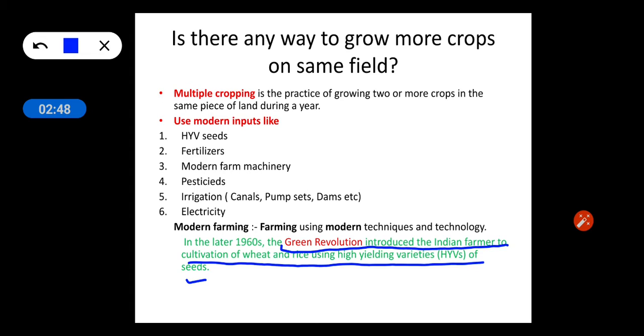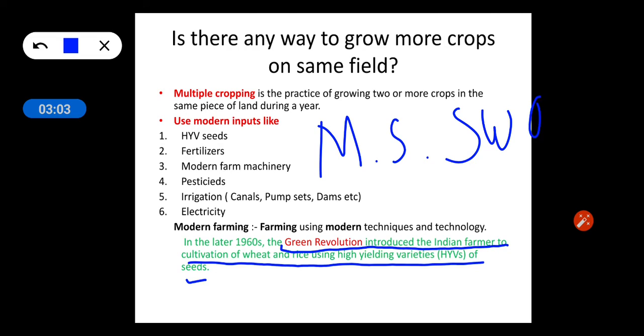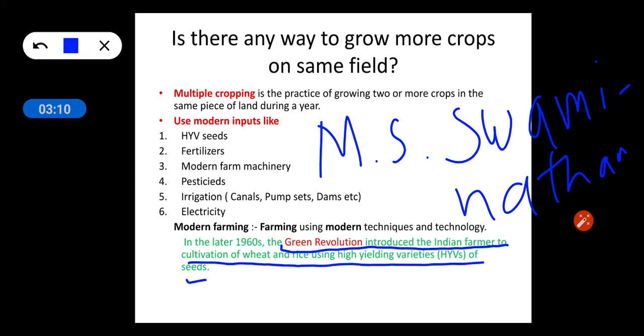In India, in the mid 1960s, especially from 1965 onwards, the government, with the help of Indian geneticist M.S. Swaminathan, known as the father of the Green Revolution in India, launched the Green Revolution. This movement lasted till 1978 and was a great success.